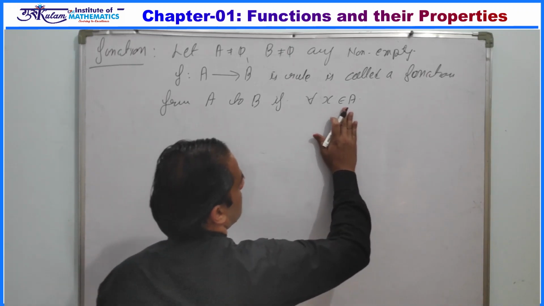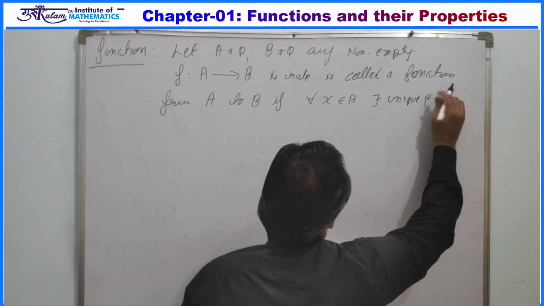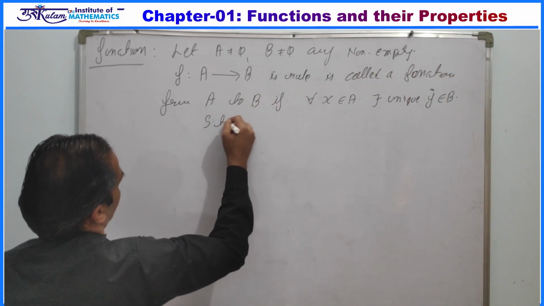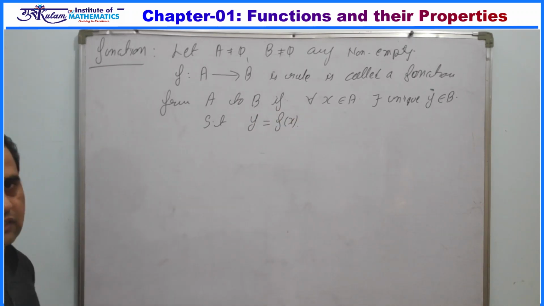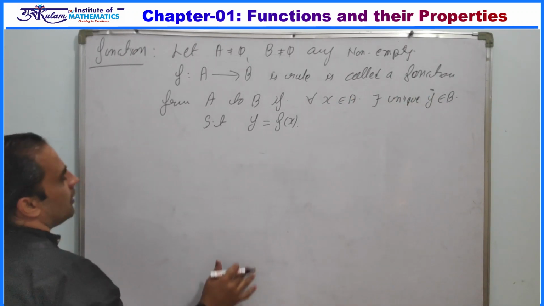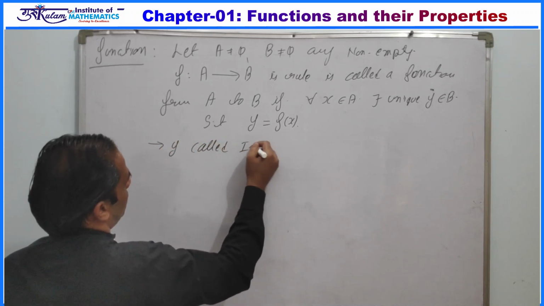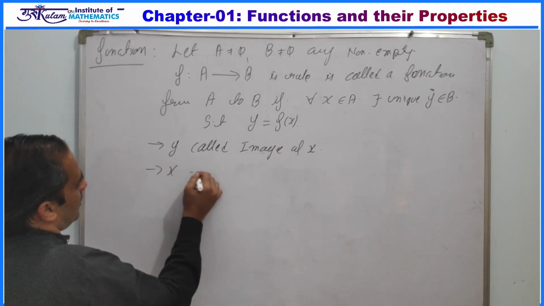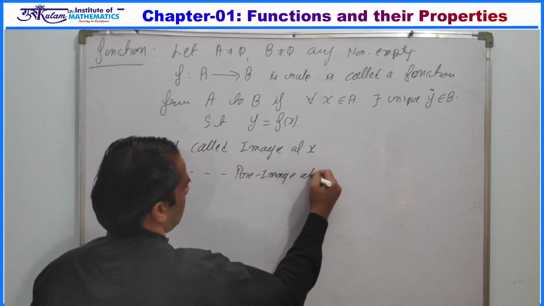That is, for all x belongs to A, there is a unique element y belongs to B such that x is assigned to y, that is, y should be the same as f(x). So basically every element of A is assigned to a unique element of B, and in this case y is called the image of x and x is called the pre-image of y.